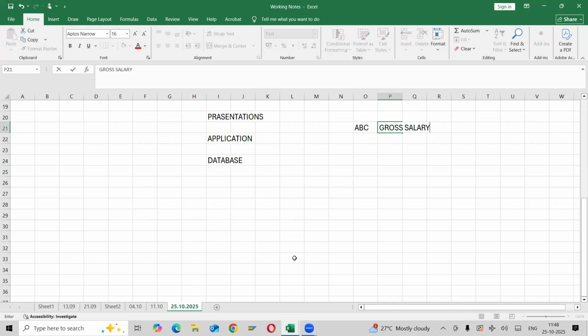Whenever we input the query, I need ABC employee's gross salary, first it goes to the application layer, which checks it, and then it goes to the database layer and finds the solution there. From there the data transfers back to the application layer, which checks whether it is correct data or not, and then it goes directly to the presentation layer.